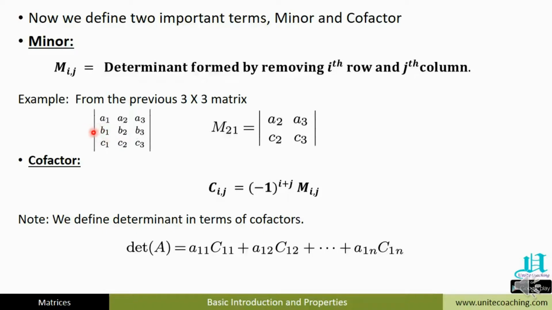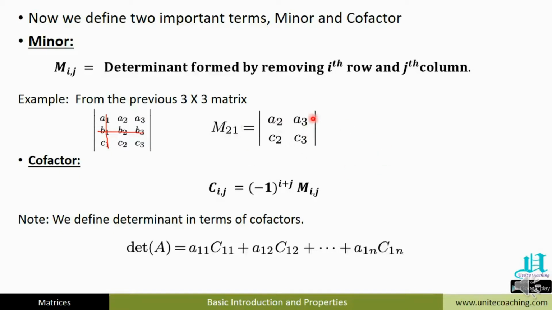Then we need to remove this second row and first column. Then whatever is remaining, that means a2, a3, c2, c3, we need to take the determinant of that, a2, a3, c2, c3. So this is what we call M21.